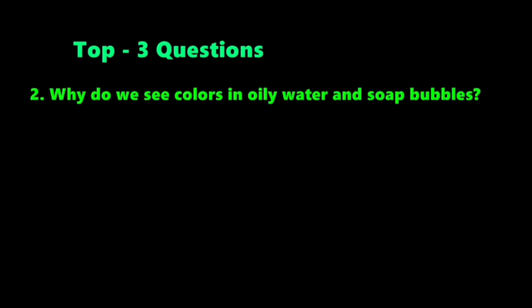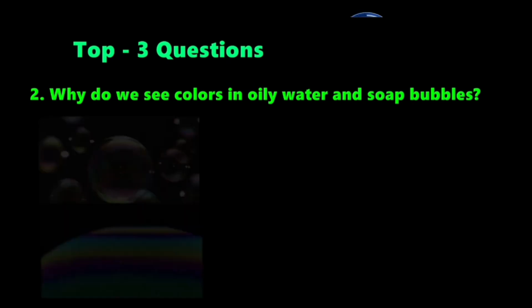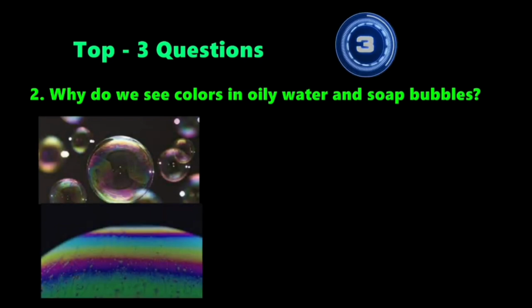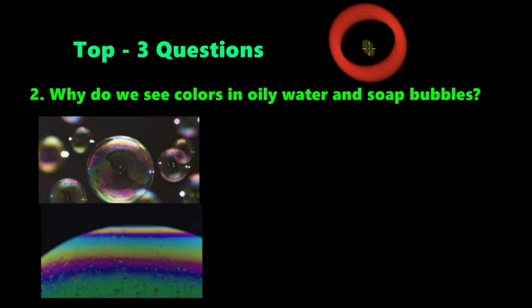Second question, why do we see colors in oily water surface and soap bubbles? If you consider a water bubble, it consists of a lower surface as well as an upper surface.